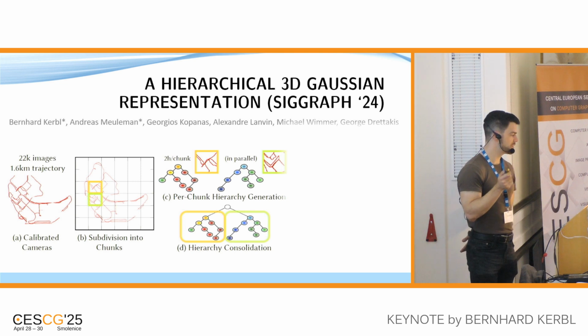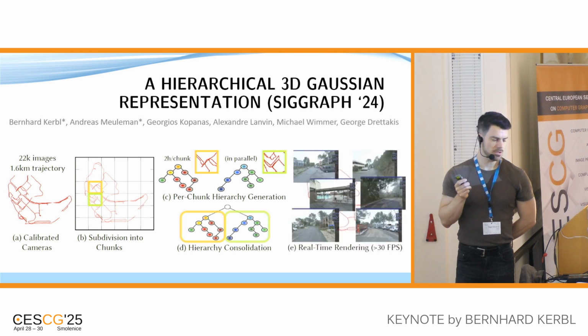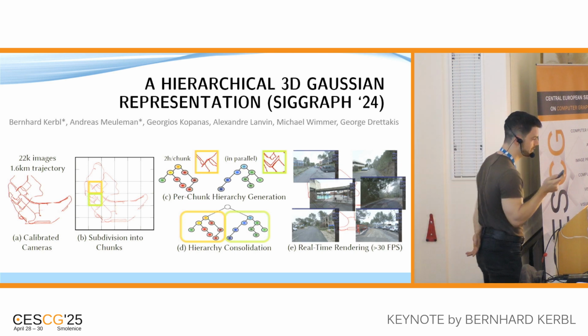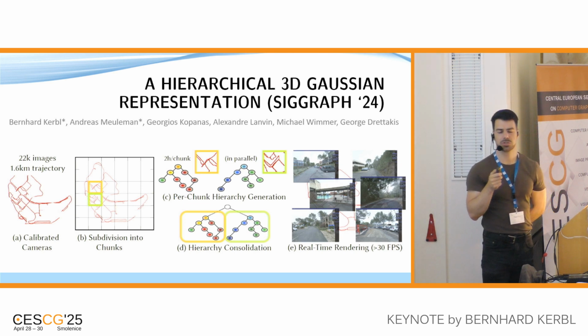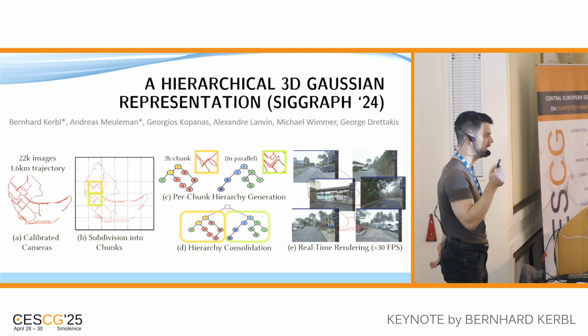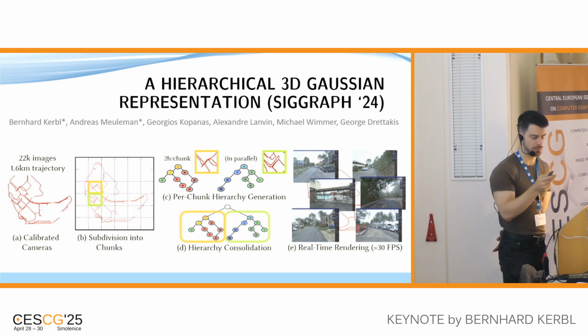And this was feasible, but somewhat tricky, not lastly because there was no prior literature of how do you actually combine these 3D Gaussian splats into coarser level of detail versions.